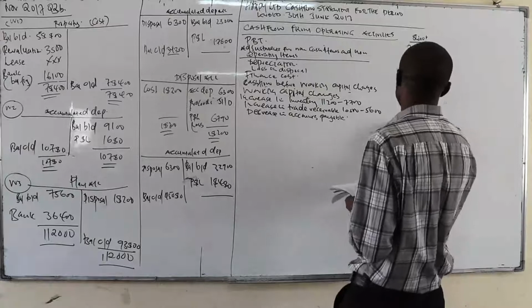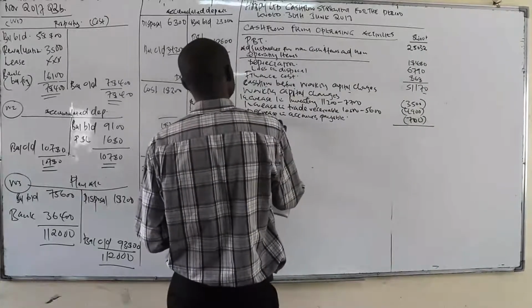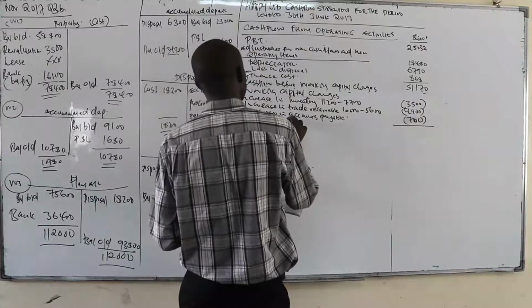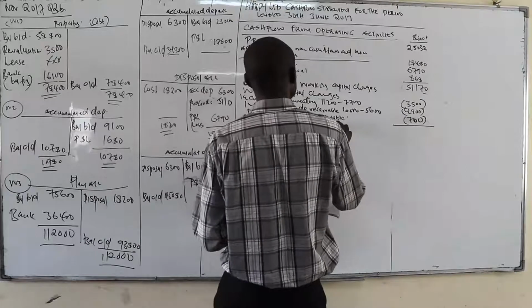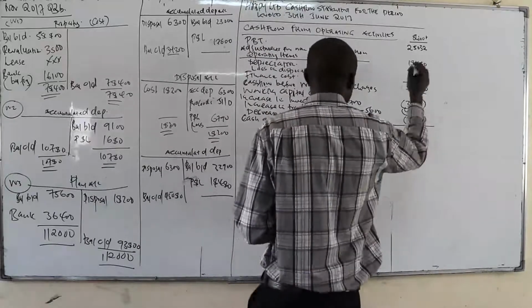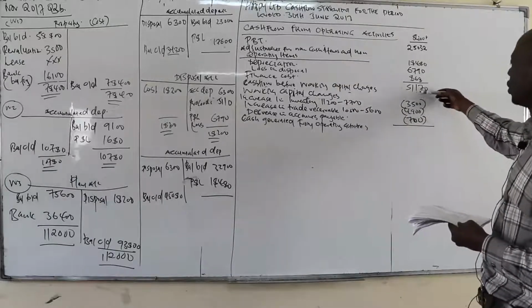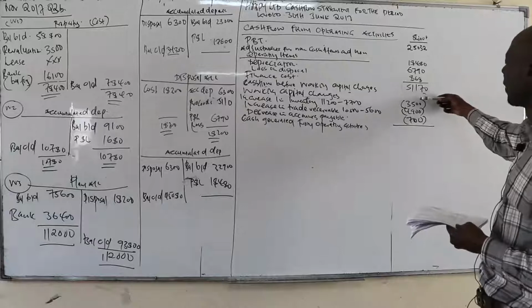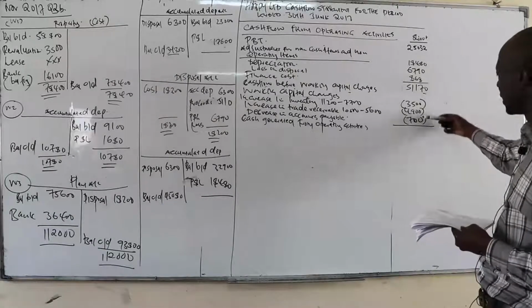That's how you get what you call cash flow generated from operating activities. So now you add this one. This one is negative. So this is 51,170 plus negative 3,500 plus negative 4,900 plus negative 700.